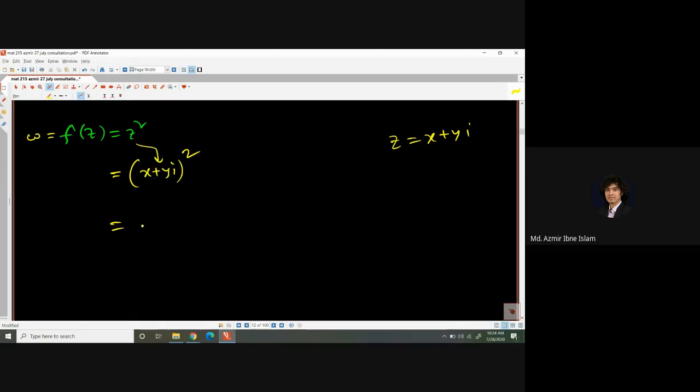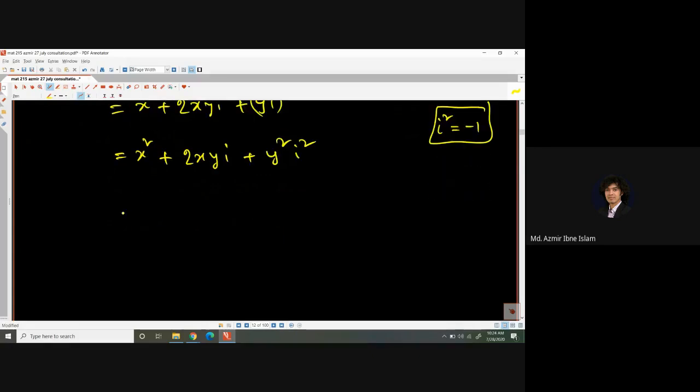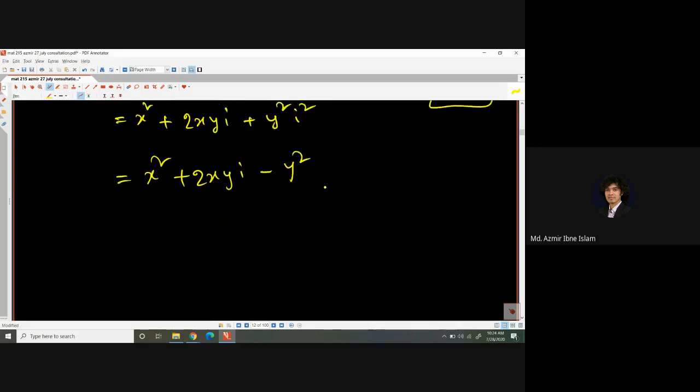Here we are getting the a plus b whole squared formula: a squared plus 2ab plus b squared. That means we have x squared plus 2xyi plus y squared i squared. And you know that i squared is -1. So x squared plus 2xyi, and i squared is -1, so minus y squared here only.